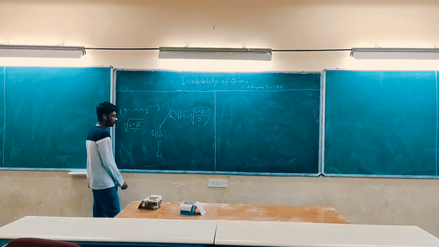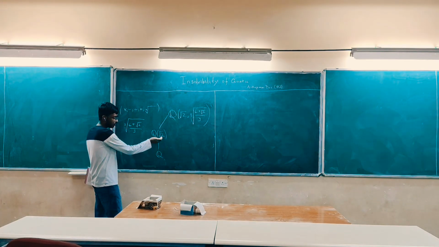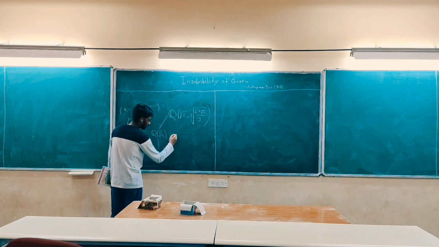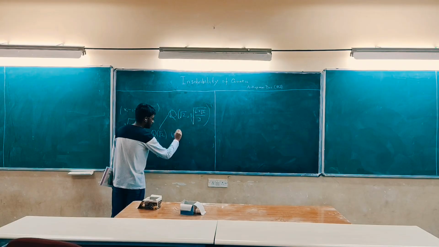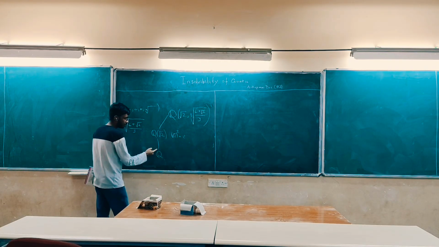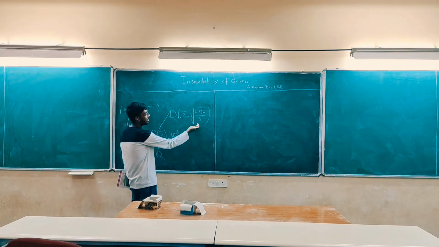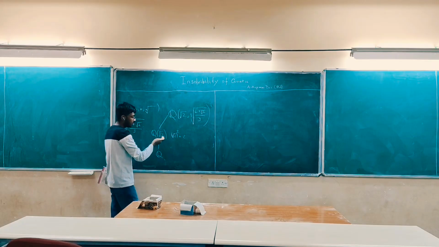What I did was, first I adjoined the square root of 2, because the square of square root 2 is 2, so this is in this field. Then I adjoined this element, as cubing it brings us back to this field.